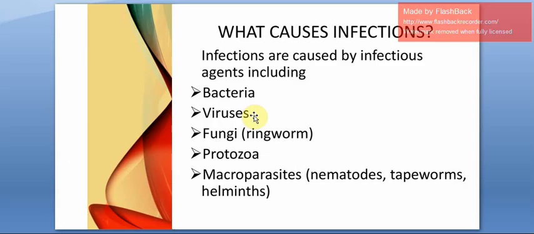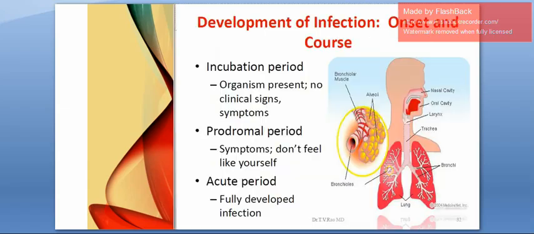Examples are malaria, giardiasis, and toxoplasmosis. And parasites: roundworms, tapeworms, and hookworms can also result in infection. So microorganisms, mostly bacteria, virus, fungi, protozoa, and even parasites can result in infection.